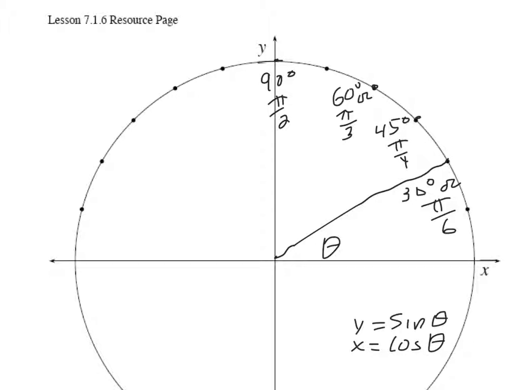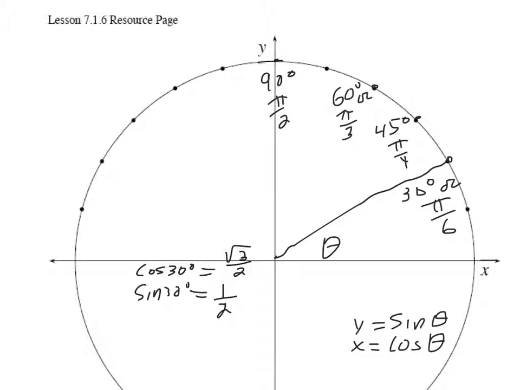Now, from some previous work with Ms. Larson, I believe, you talked about the cosine of 30 degrees and the sine of 30 degrees. And the cosine of 30 degrees was the square root of 3 over 2, and the sine of 30 degrees was 1/2.